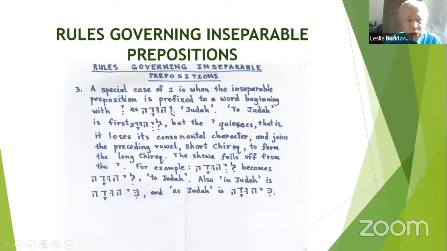We're looking at the noun Yehutha, which is Judah in English. Yehutha, Judah. To Judah is first li Yehutha. That is the first step. After you have shortened the simple schwa on the lameth to short hirik, the second step is to note that the yod quiesces, or becomes silent.